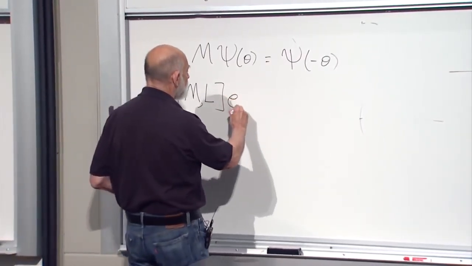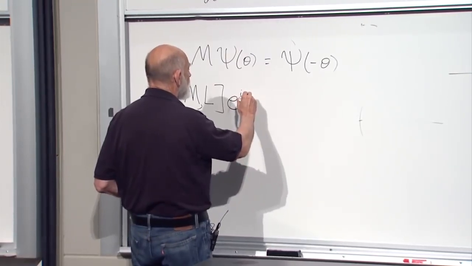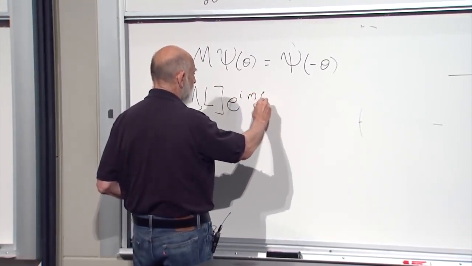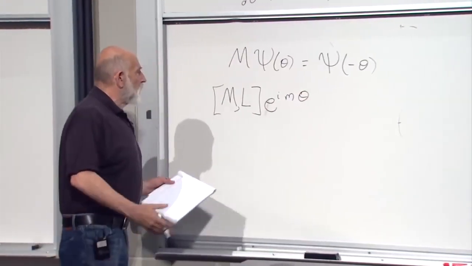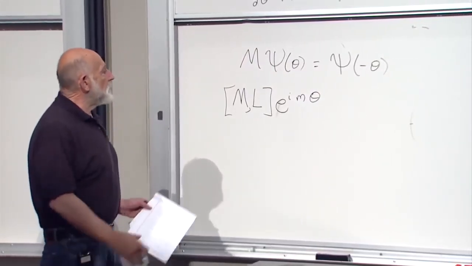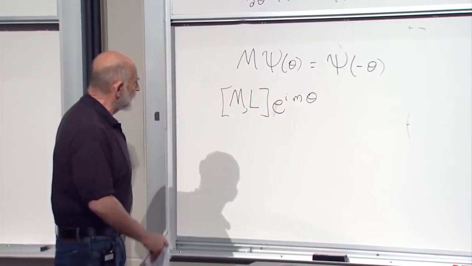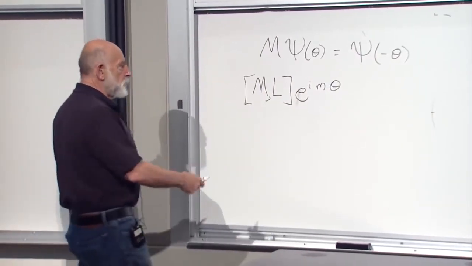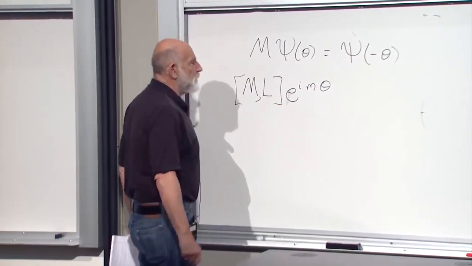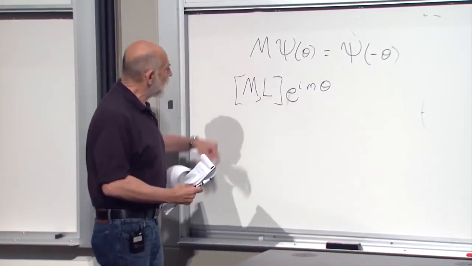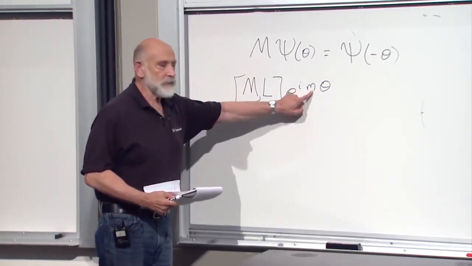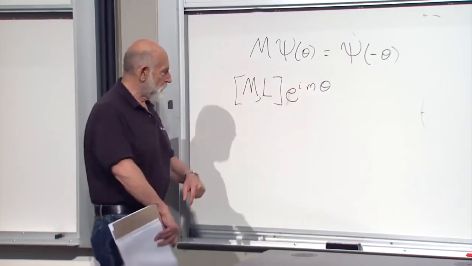I'm going to act on the wave function e to the i m theta, an eigenvector of the angular momentum. I'm leaving h bar out of it. We don't need it. And don't confuse big M with little m. Little m and big M have nothing to do with each other. This stands for mirror. This stands for magnetic quantum number.